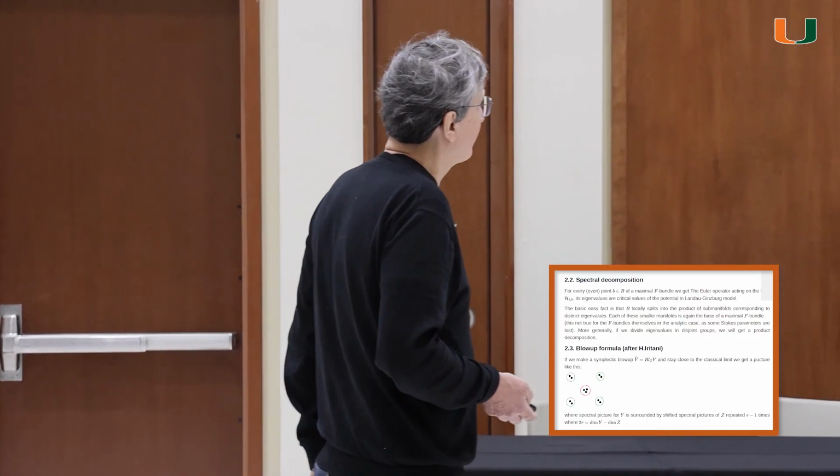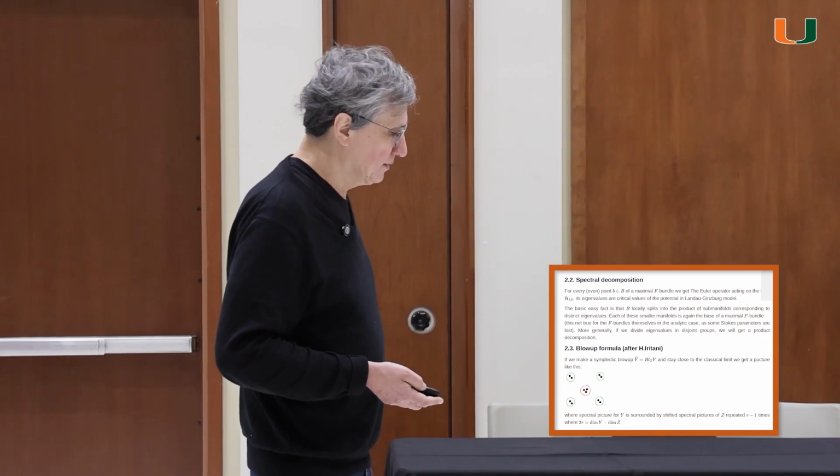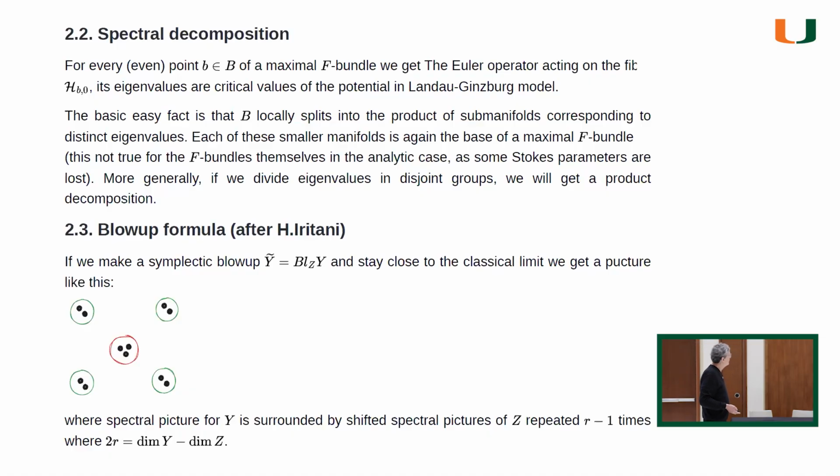You get several shifted copies, by roots of one, of the central blowup, and around zero you get eigenvalues for your variety Y. So you see it's naturally split into several groups, and that suggests that these factors in the spectral decomposition will be really F bundles for Y and Z, which Iritani proves.